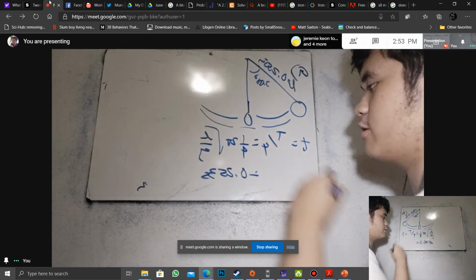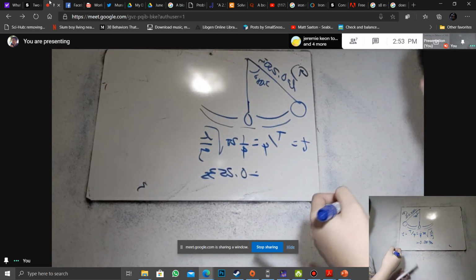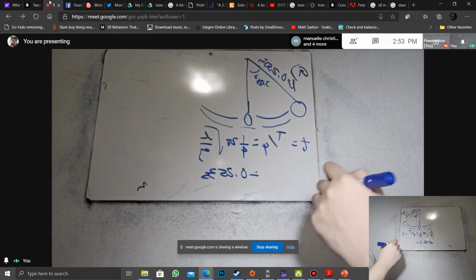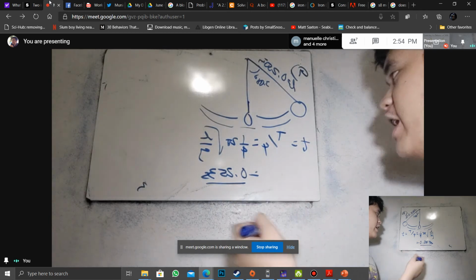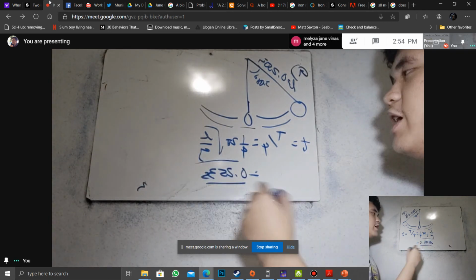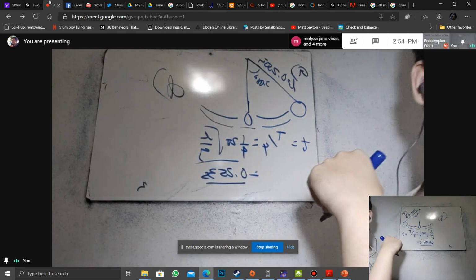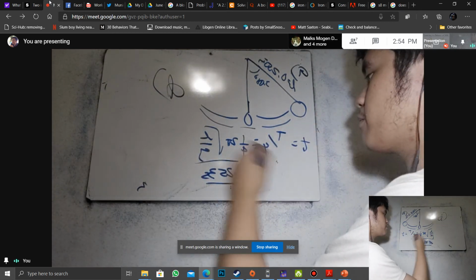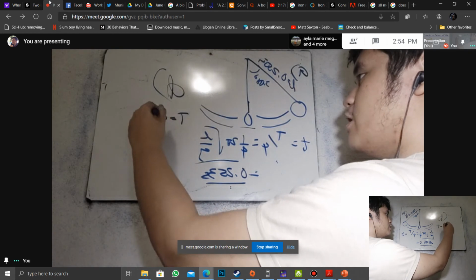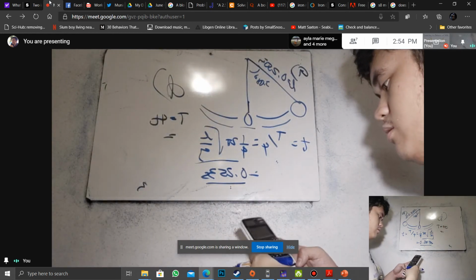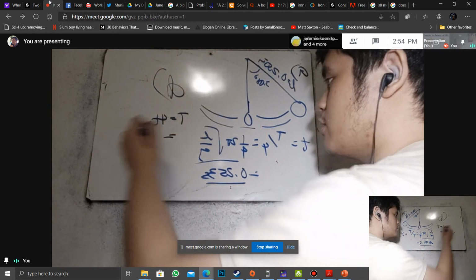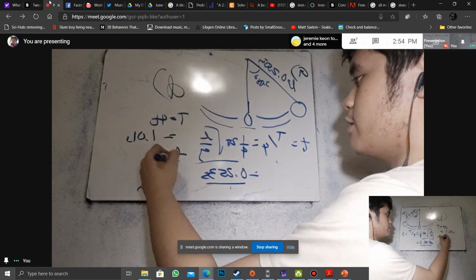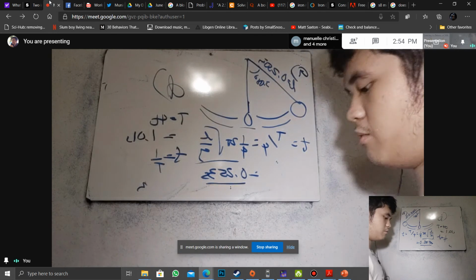Yan, no? Next, letter C. Ganun pa rin, no? Ganun pa rin kasi angle is independent of period. Next, letter D. Period and frequency of this oscillation. Multiply this by 4, di ba? Kasi yun na, ginawa na natin eh. 1.01 seconds. Tapos, F equals 1 over T. No? We will get 0.99 hertz.